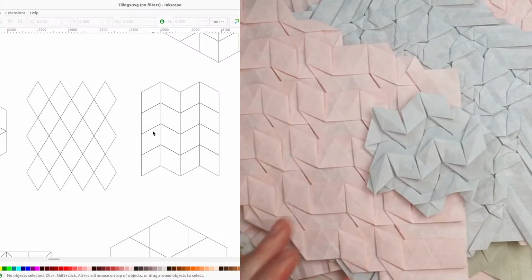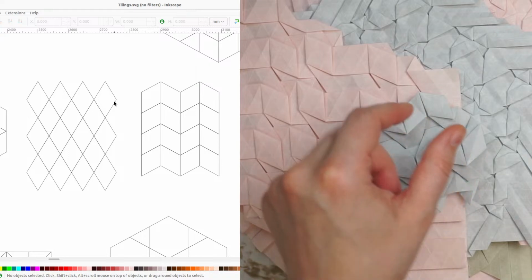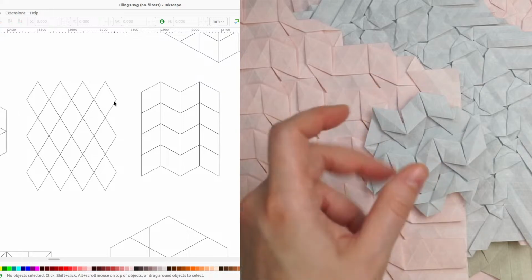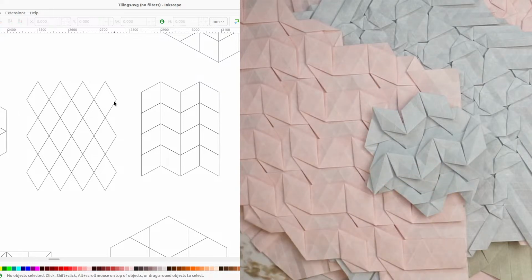So with rhombus twists, it's really, really tempting to say, oh, the rhombus is aligned this way, therefore the rhombus that is twisted inside, or the crease pattern before it's twisted inside, has to also be aligned in the same way. And that's not the case.